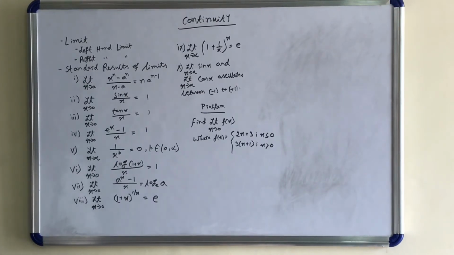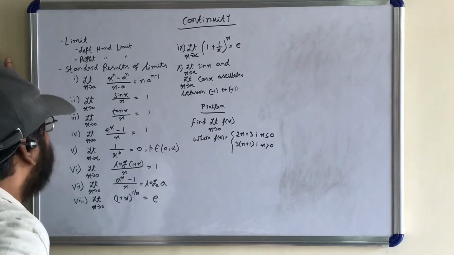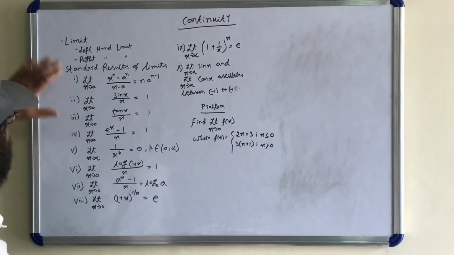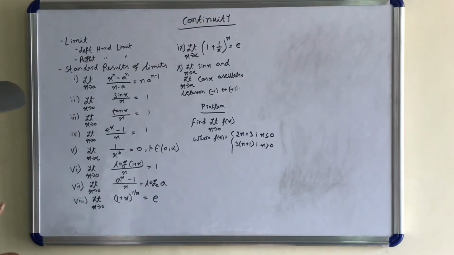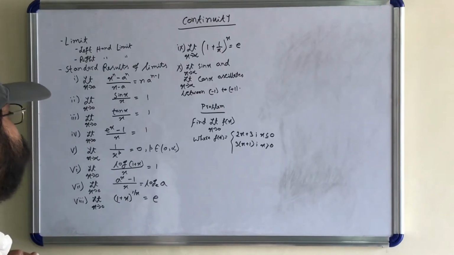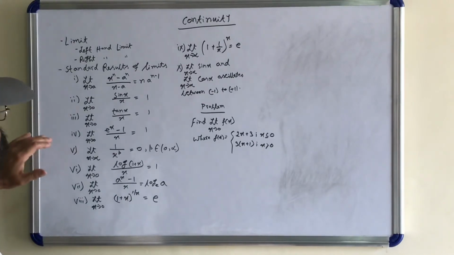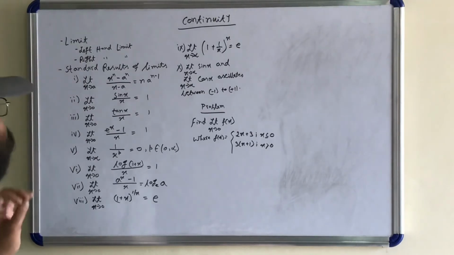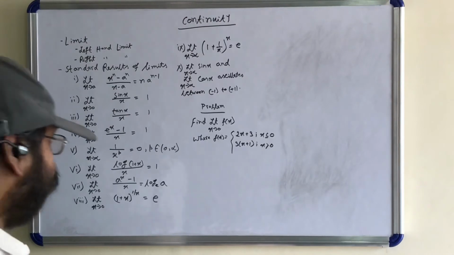Limit x tends to 0, sin x by x is equal to 1. Limit x tends to 0, tan x by x is equal to 1. There are only 10 of these standard results on limits, and you have read them in class 11 also. But before starting continuity, you have to memorize these 10 standard results.